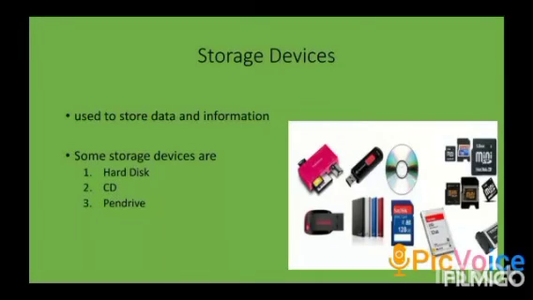The next topic is storage devices. What is the use of storage devices? The storage devices are used to store data and information. Some storage devices are hard disk, CD, and pen drive.